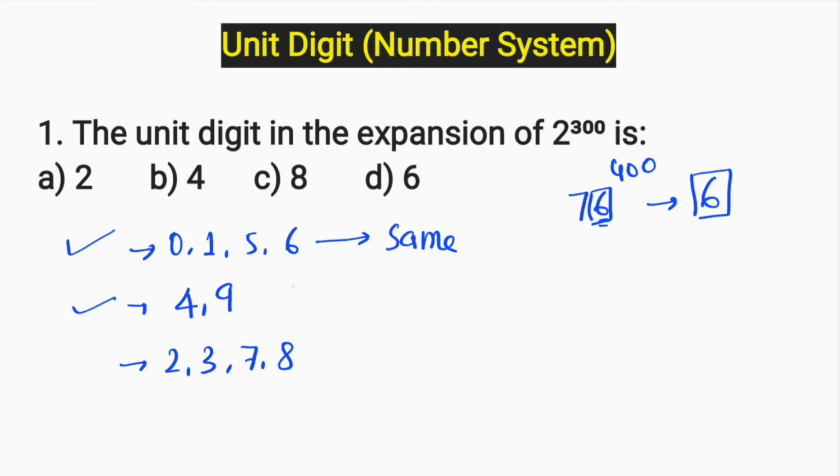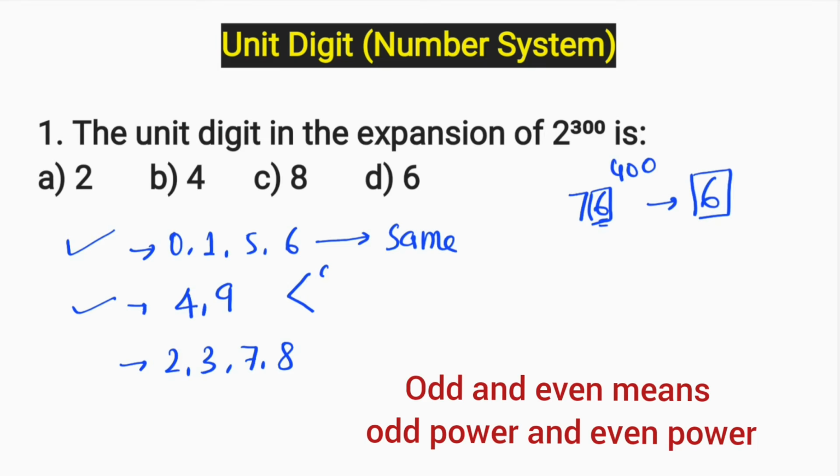When you have this, odd and even comes in action. So basically when you have odd, they will be the same, and when you have even, you need to square them. So when you have 24 raised to the power 301, since power is odd or even, I'm talking about power.